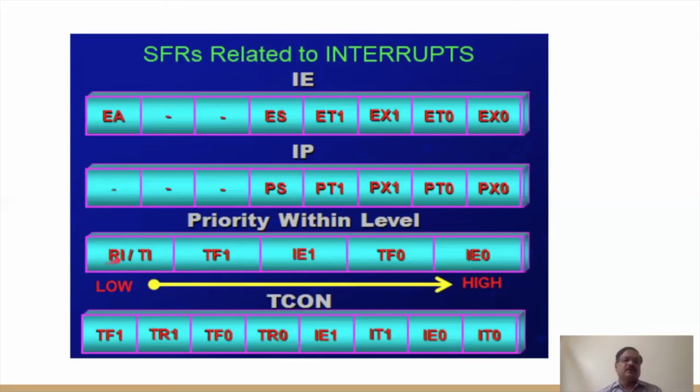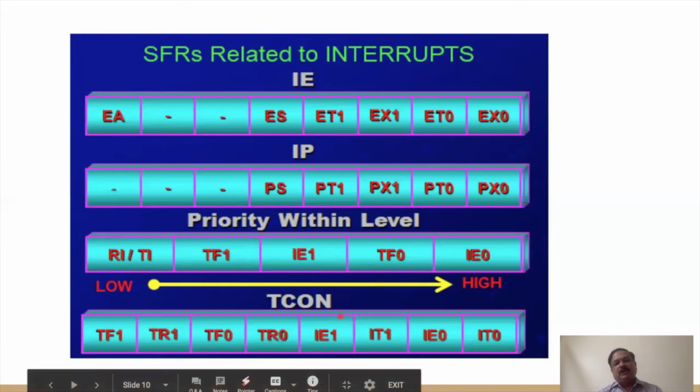There are 2 bits, RI is the receive interrupt and TI is the transmit interrupt. That means the serial port can generate the interrupt either due to transmission or reception. That's why there are a total of 6 sources, though there are only 5 interrupts in the 8051.